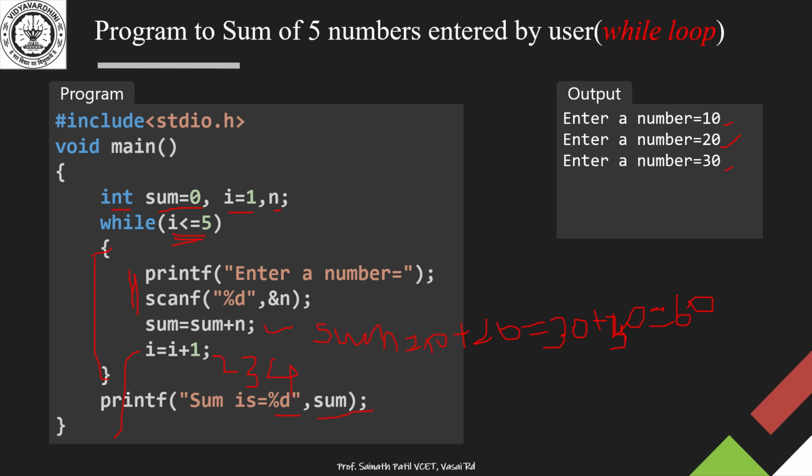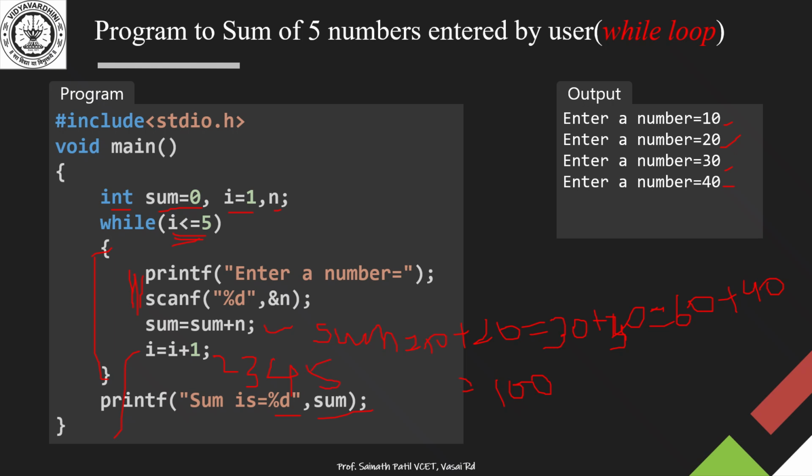It is less than 5. So again, these two statements will be executed. The fourth number will be entered, for example 40. So that 40 will be added to the previous sum by using the sum is equal to sum plus n statement. The new value 100 will be generated and stored in sum itself. Then the value of i will become 5.